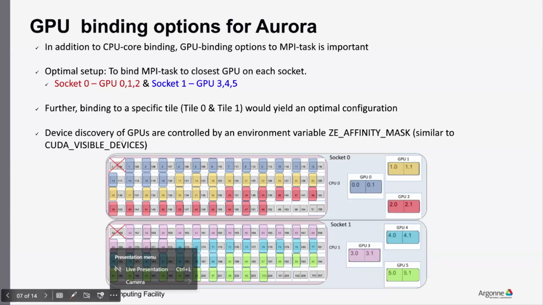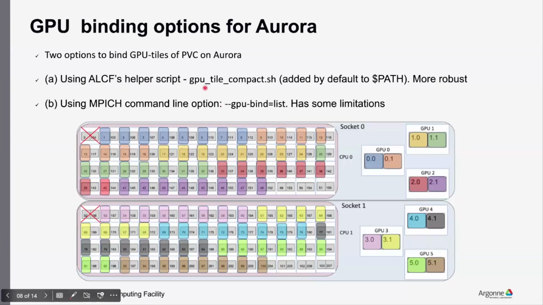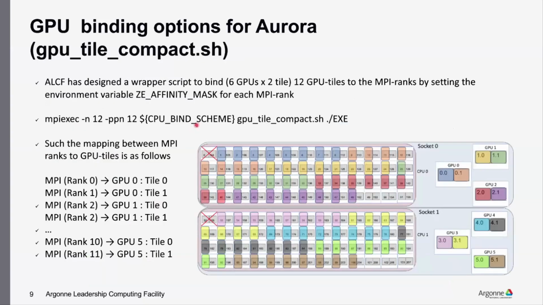The common way we do this is using device discovery by setting the ZE affinity mask, which masks which GPUs are visible to the cores. It's very similar to how CUDA visible devices works. We have a script available to do this, as Thomas and some others had mentioned previously. It's this gpu_tile_compact script, which is globally available on the compute nodes. This automatically handles the bindings for you, mapping the GPUs to the appropriate ranks based on the local rank.